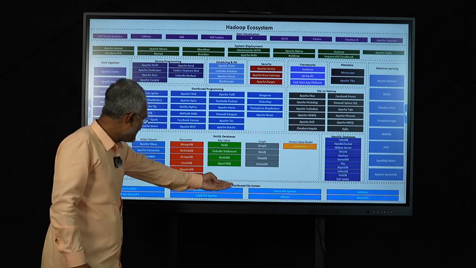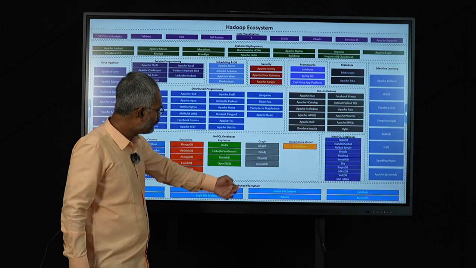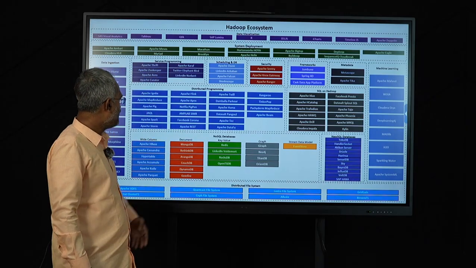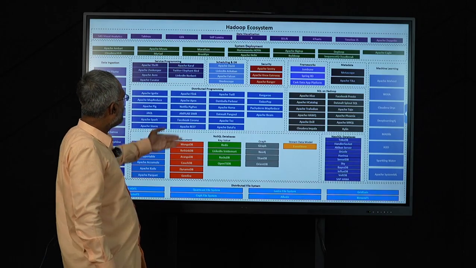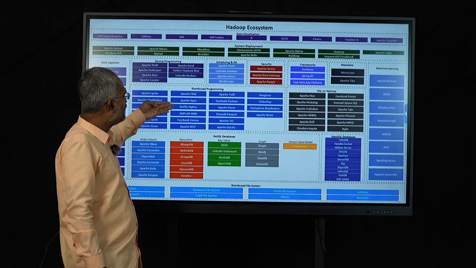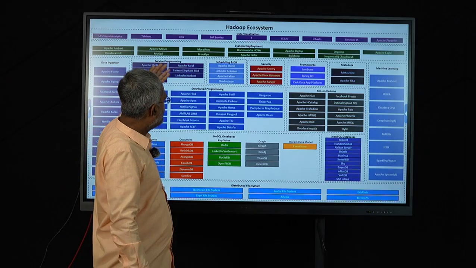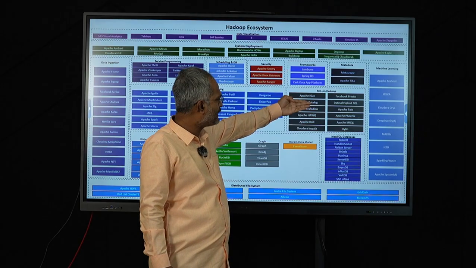For file management, there is the Apache HDFS, and there are so many other file systems also. For the NoSQL database, HBase is available. For distributed programming, there is the Hadoop MapReduce. For database management we have Hive, SQL and database management.